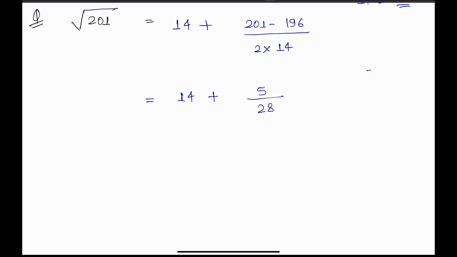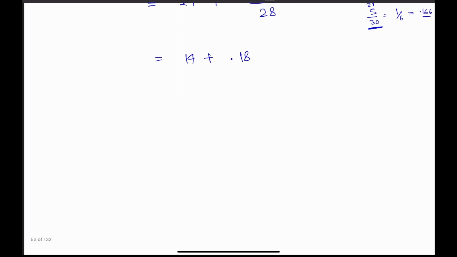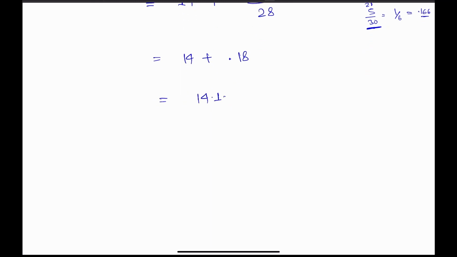So 5 upon 28, again we have to use our brain. 5 upon 25 is 1 by 5 and the value is 0.2, and 5 upon 30 is 1 by 6, which is 0.166. So 5 upon 28 is somewhere between both of these, so we can take the average value of both. It will be 14 plus 0.18, taking the middle, so 14.18 according to our calculation.